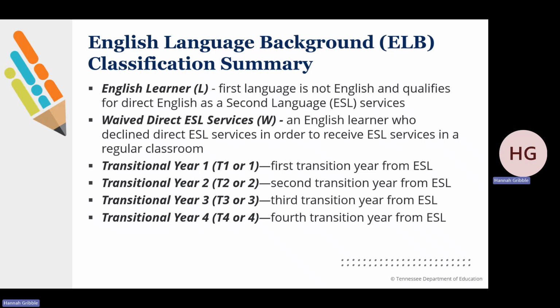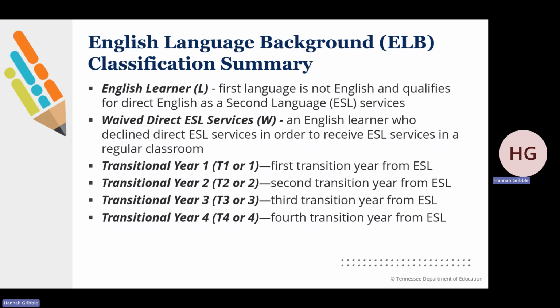Transition year 1, which is T1 or 1, is the first transition year from ESL. Transitional year 2 is T2 or 2, which is the second transition year from ESL. Transitional year 3, which is T3 or 3, is the third transition year from ESL.